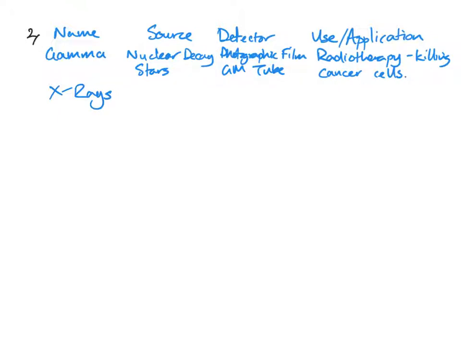Okay, for X-rays, there are man-made sources, right? So nuclear plants can produce them as well. But the main one is actually stars. The simplest detector to discuss is photographic film.